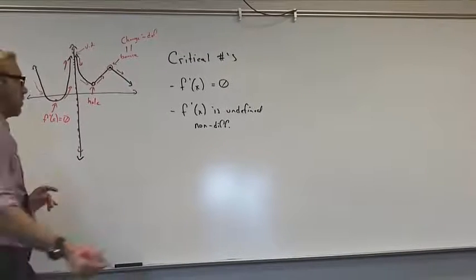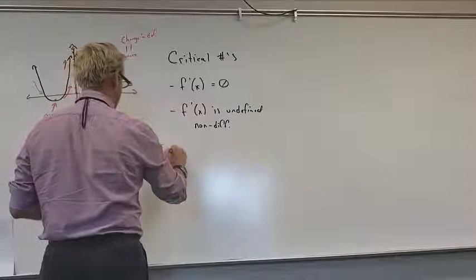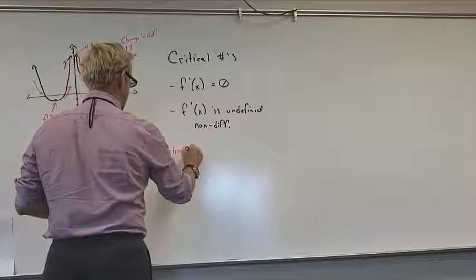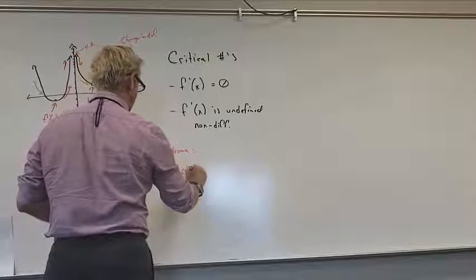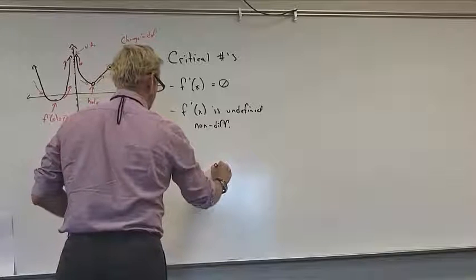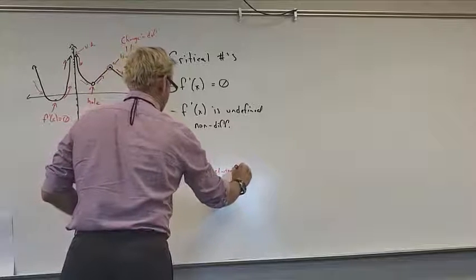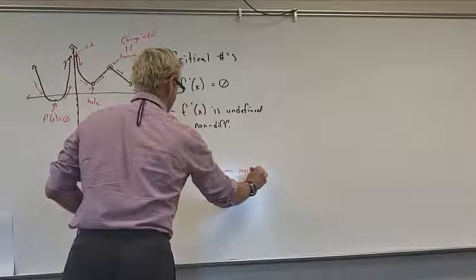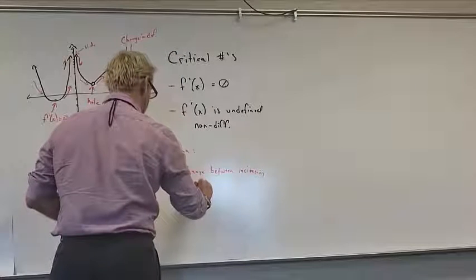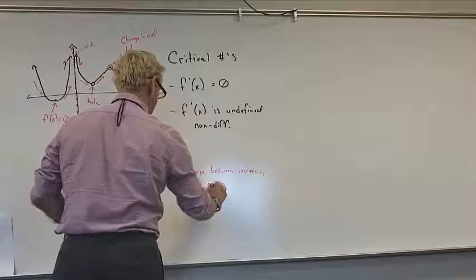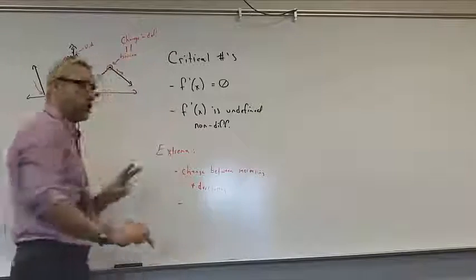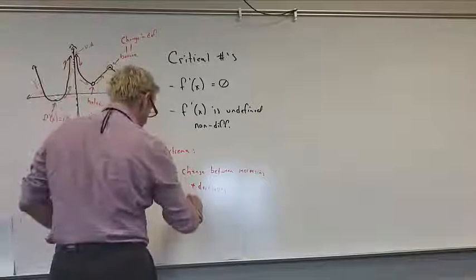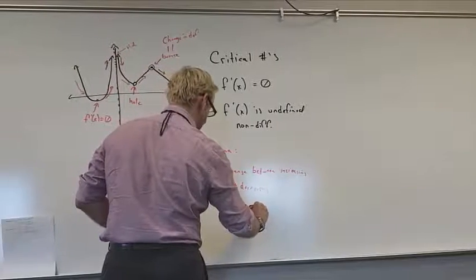Now in particular though, we want to add on that an extrema is where, one, I change between increasing and decreasing. But two, and just as importantly, I actually have a point.